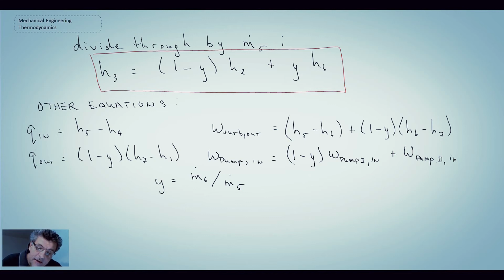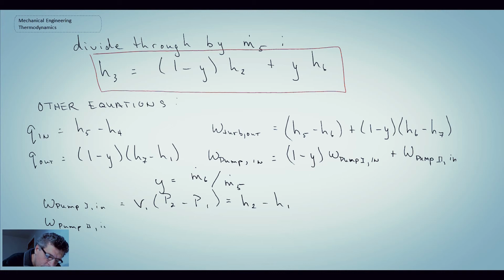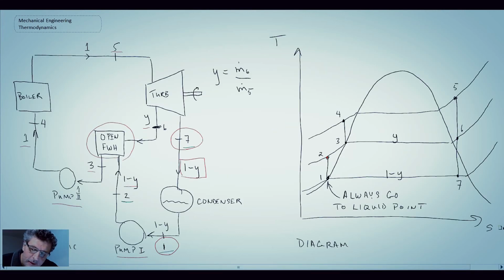And finally, expressions for pump work. We have our steady flow work equation. So we can write work pump in. That would be specific volume at state 1 times P2 minus P1. And for pump 2, let's go back and look at our schematic.